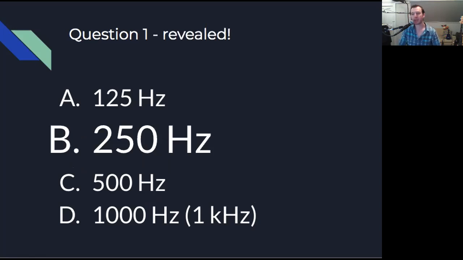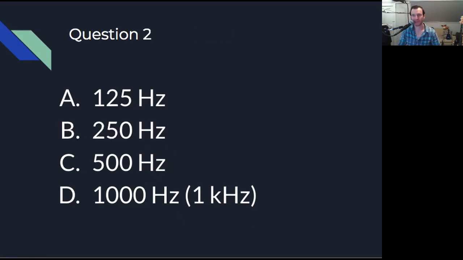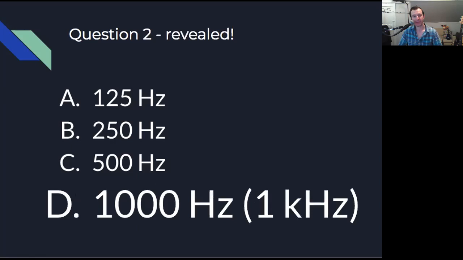How'd you do? Let's move on to question number 2. Which of these frequencies is this? If you guessed 1,000 hertz, you were correct.